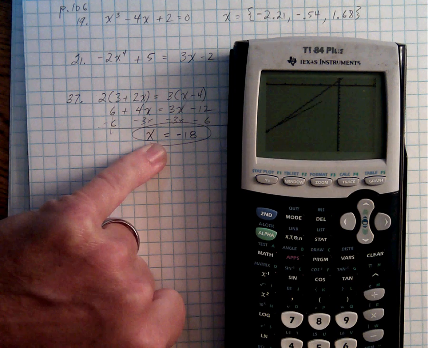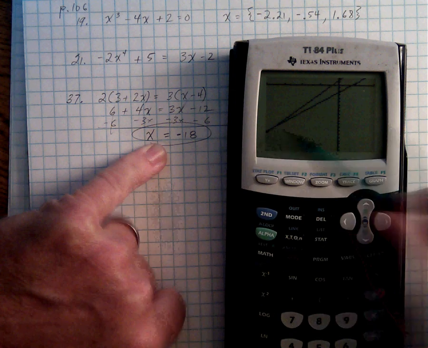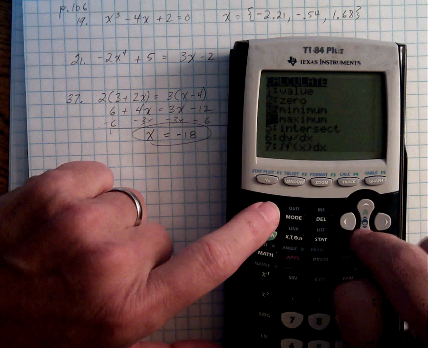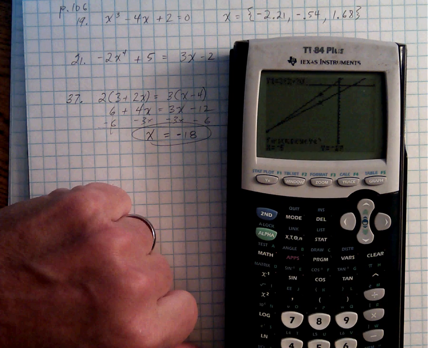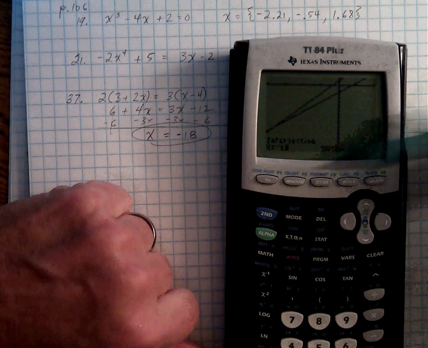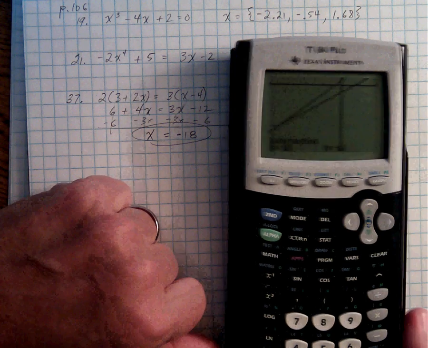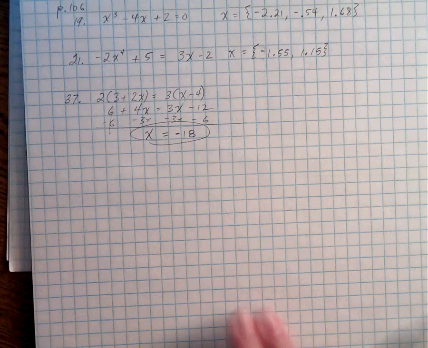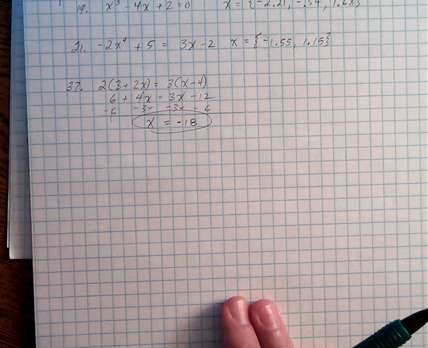Alright, there, now you can see it, right? So if I do second trace intersect, enter, enter, enter, I get negative 18 as my solution. Alright, so that was 37.